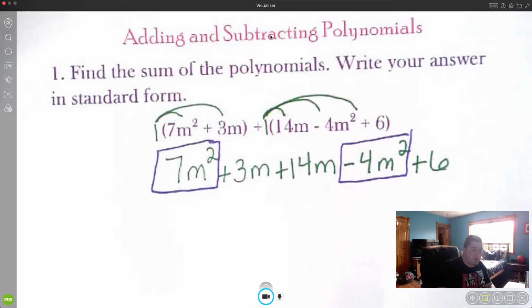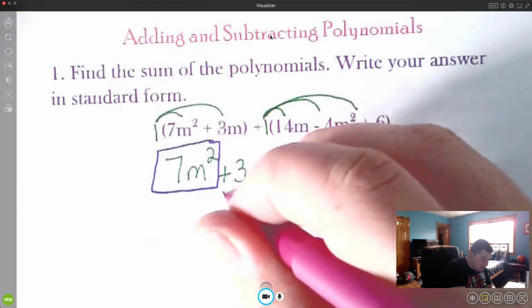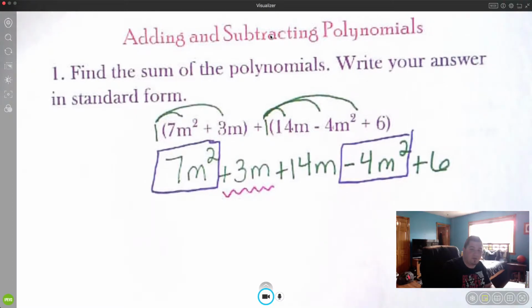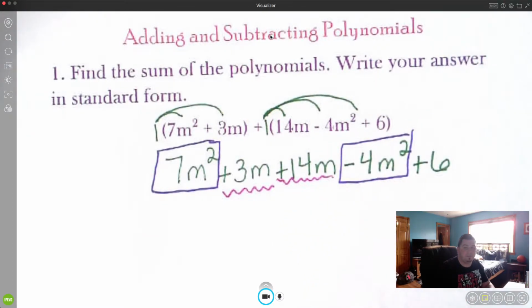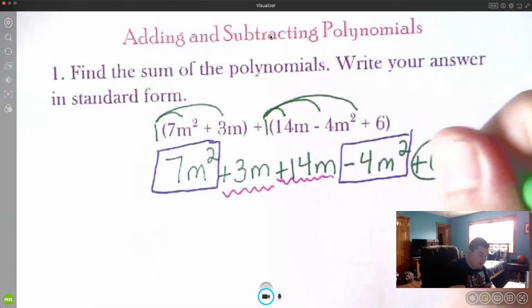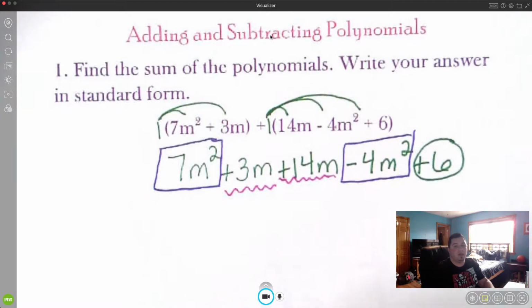I'm then going to go to the m's and do them with a different symbol: 3m and a positive 14m. And then finally a different symbol for that positive 6. You can use colors, you can use symbols, you could use whatever you need to help yourself visually see those like terms.